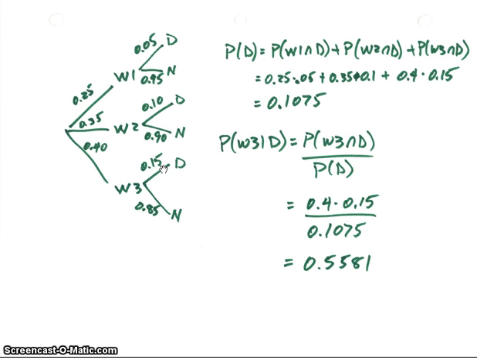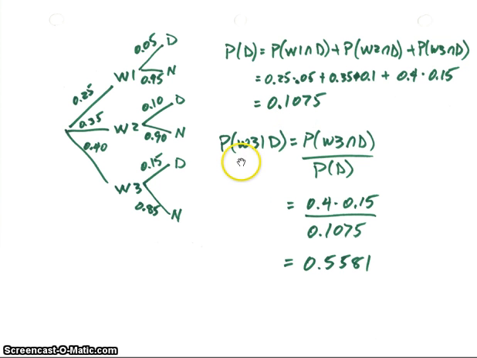And of course the answer is no. All of our workers are making at least 5% defective parts, so that's the minimum we could have, and the maximum we could have would be 15% defective. So it's going to be somewhere in between there. And notice that worker 3 makes most of the parts, so we might be closer to this value than this value, and we are: 0.1075, a little bit closer than we are to 0.05.